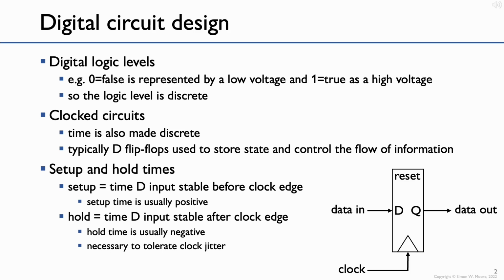There's a figure showing a D flip-flop with a bit of data coming in on D, one bit of data going out on Q. There's sometimes a reset signal coming in, and there is always a clock signal, and that clock signal may be triggered on the positive edge of the clock, for example.